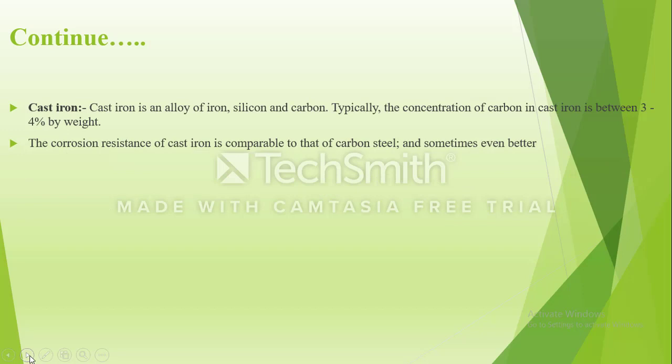Next one is cast iron. Cast iron is an alloy of iron, silicon and carbon. Typically, the concentration of carbon in cast iron is between 3 to 4% by weight. The corrosion resistance of cast iron is comparable to that of carbon steel and sometimes even better.